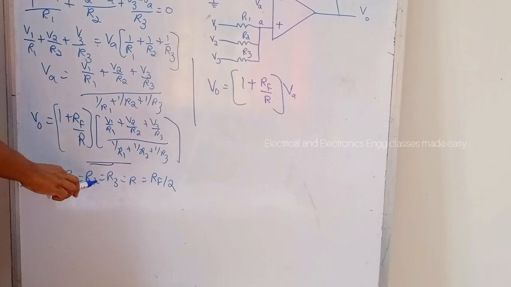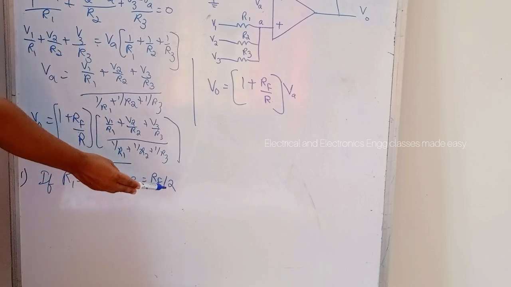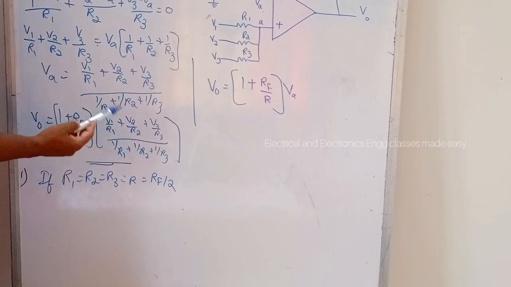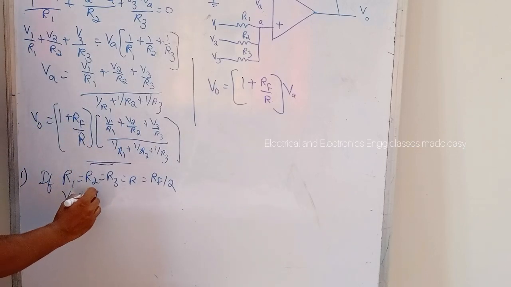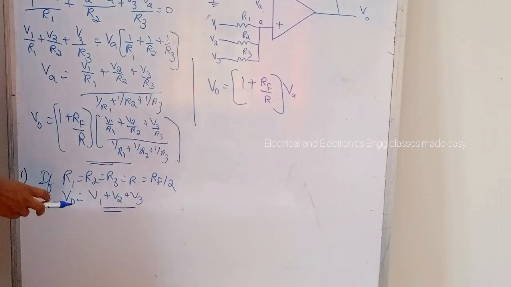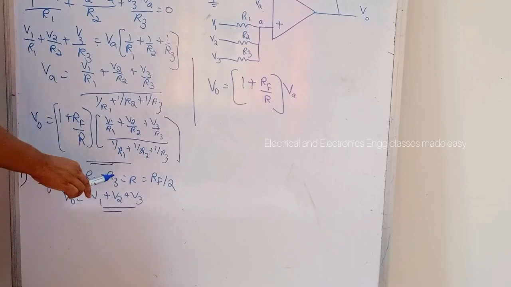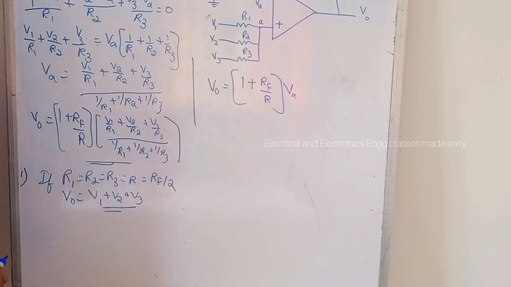If R1 equals R2 equals R3 equals R equals RF divided by 2, then we will get V0 equal to V1 plus V2 plus V3. So to get the output voltage equal to the sum of input voltages, we have to choose the resistors as R1 equals R2 equals R3 equals R equals RF divided by 2.